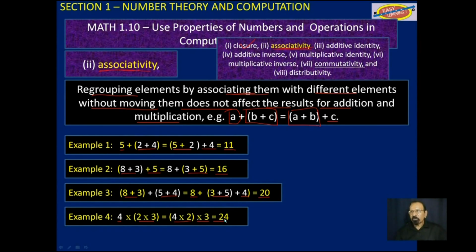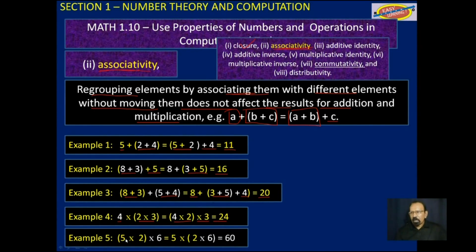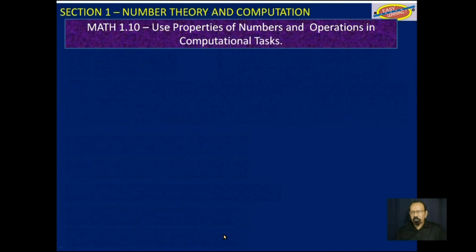We get 24. So associativity. And 5 multiplied by 2, if you do that first and then you multiply by 6, or if you multiply 2 by 6 first and then you multiply by 5, you will still get the same 60. Thirdly, additive identity.